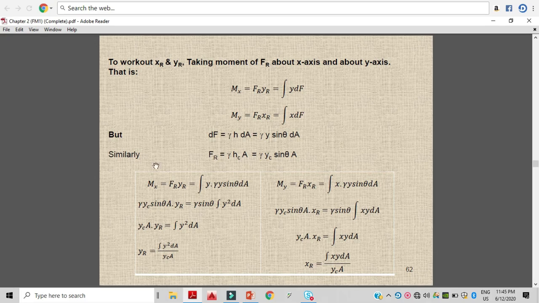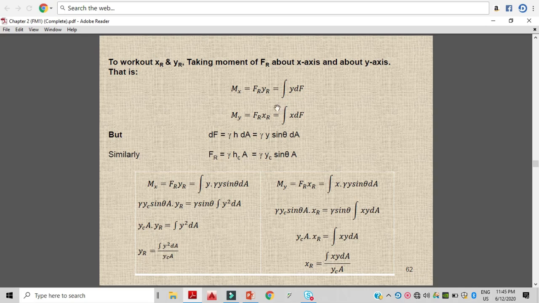So to work out XR and YR, taking moments of FR about x-axis and about y-axis, that is, moment along x-axis is equal to FR into YR, and FR can be replaced by dF, the small area.